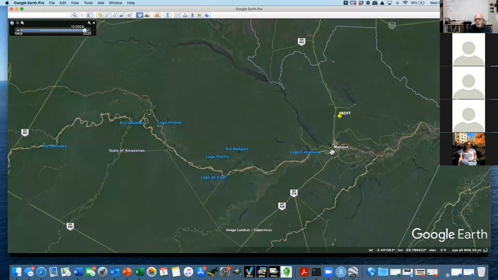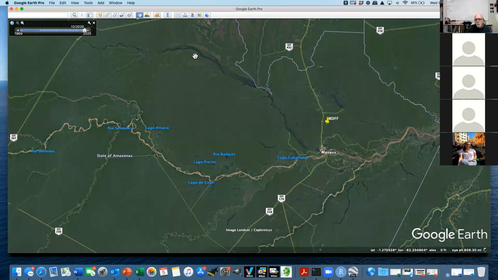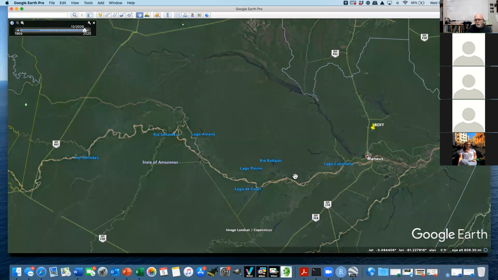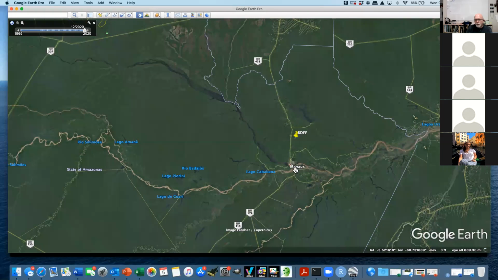here at Manaus makes contact with the Rio Negro, which is a river that flows primarily through lowland forest, which is why it's black in color, because it picks up the tannins from the leaves. The Amazon River at this point is mainly coming out of the Andes, and so it's filled with all of the sediment.